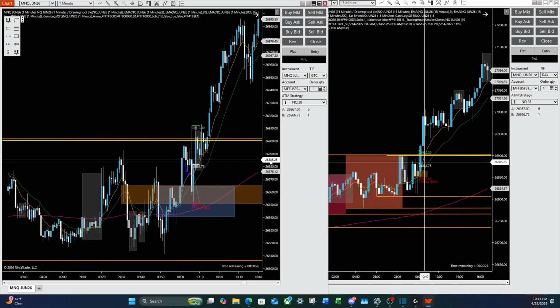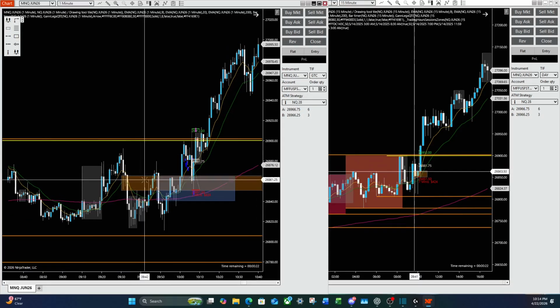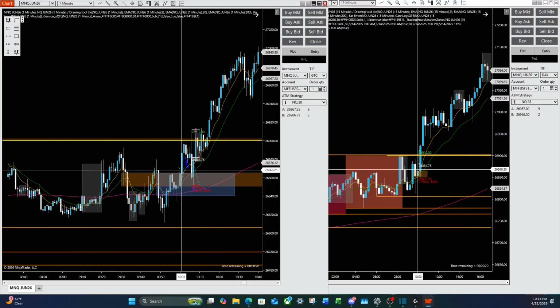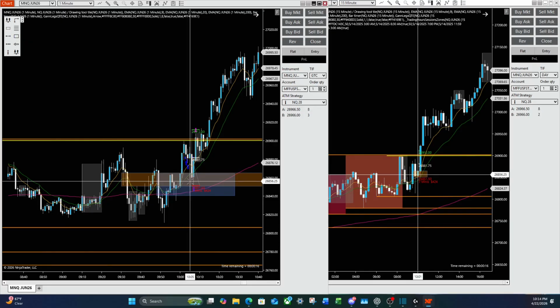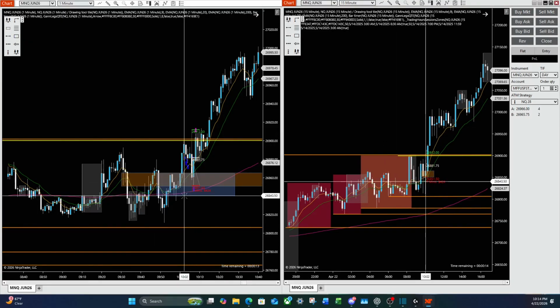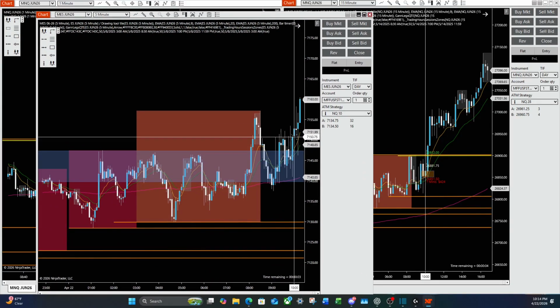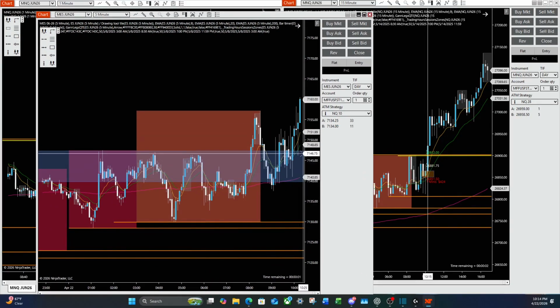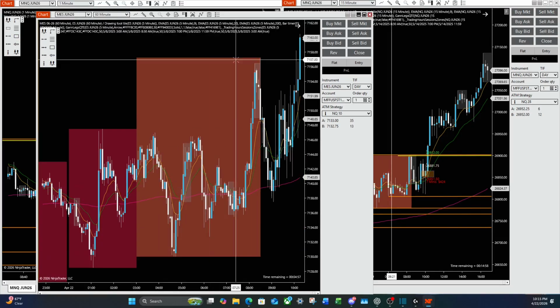We waited and ended up waiting and catching the true move of the day. We ended up waiting for the market to show its true hand, getting out of this chop. We got the extra confirmation that we need, waited for this 1 minute gap to get inversed, 5 minute break of structure to the upside, and also on this 10 o'clock close, what we have is ES closing above this blue 4-hour fair value gap that I marked at the beginning, right?